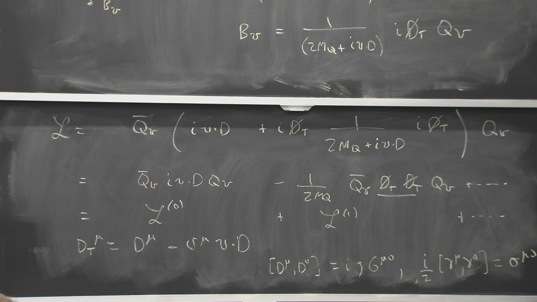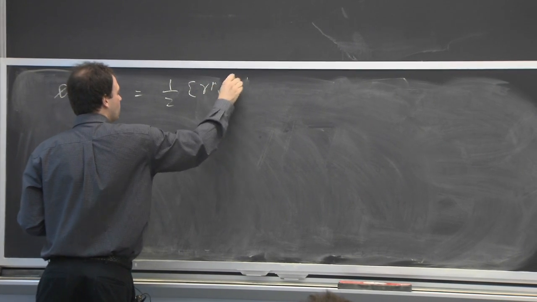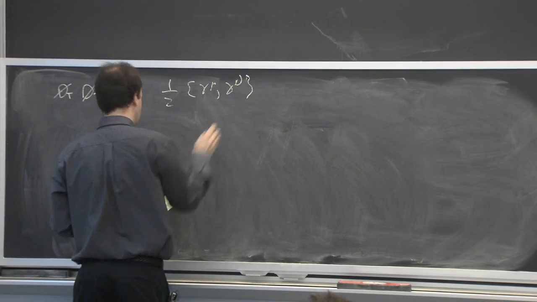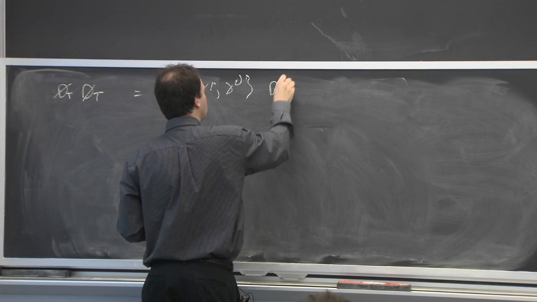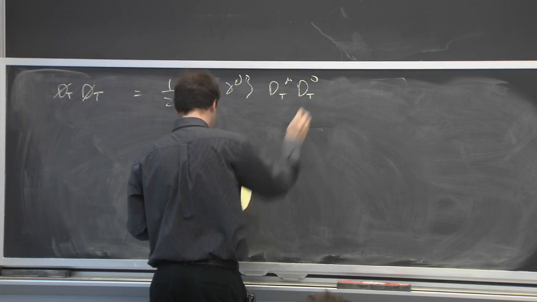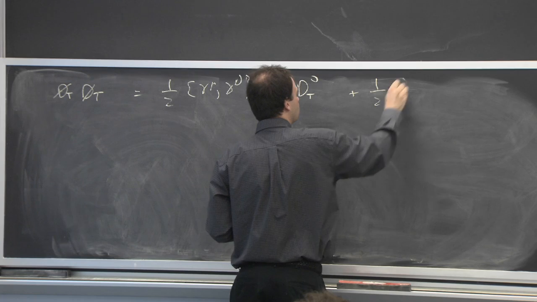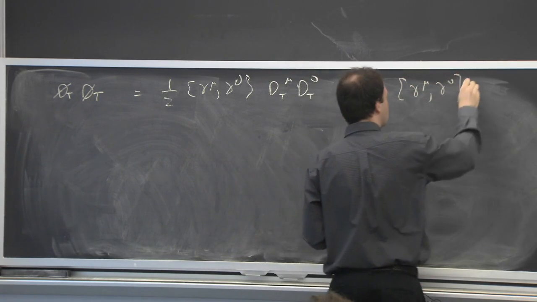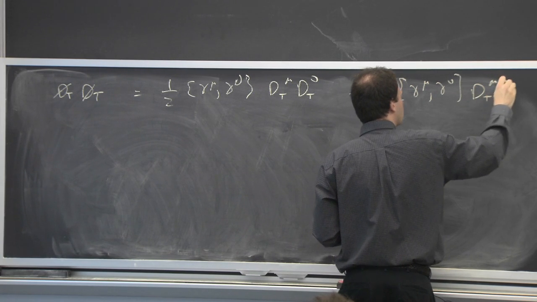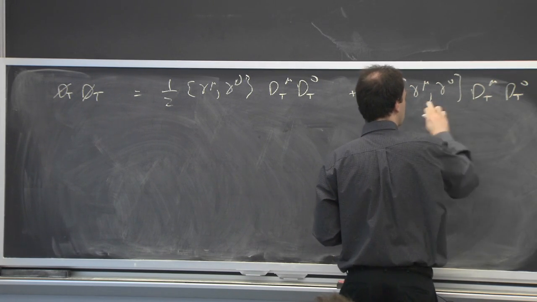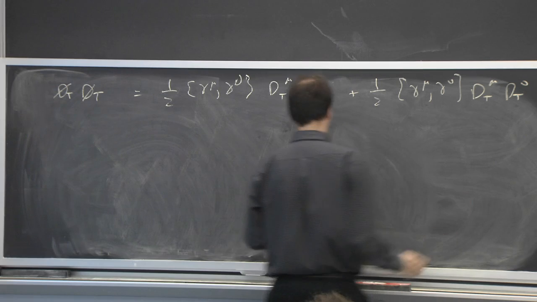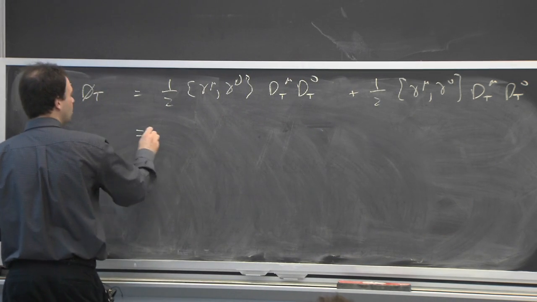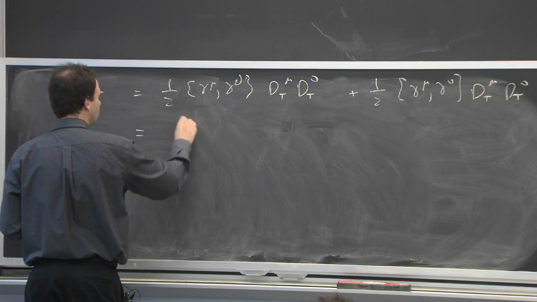Then D_T slash D_T slash anti-commutator. Then this is anti-symmetric, it automatically forces that anti-symmetric. This guy is a G mu nu.